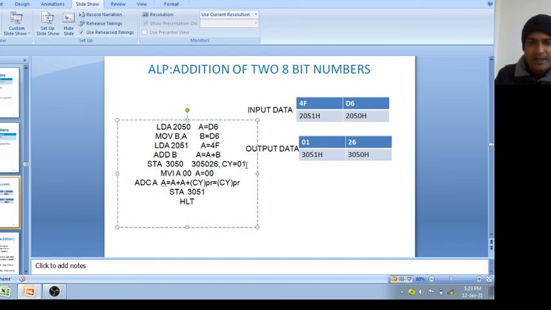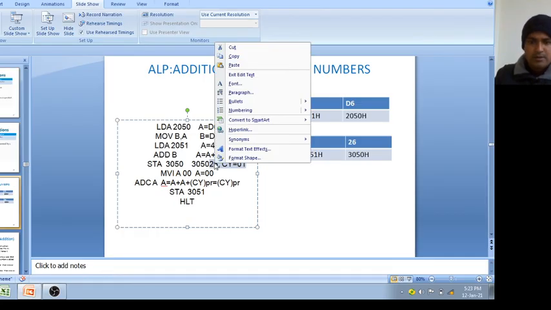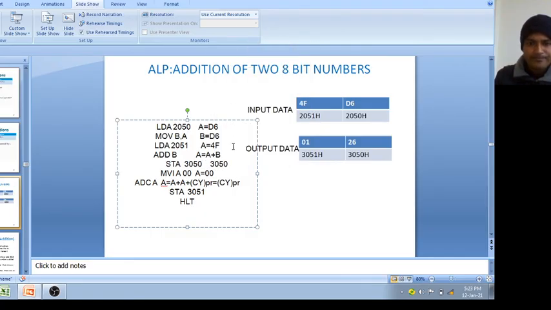After the ADD B instruction, what is the result?